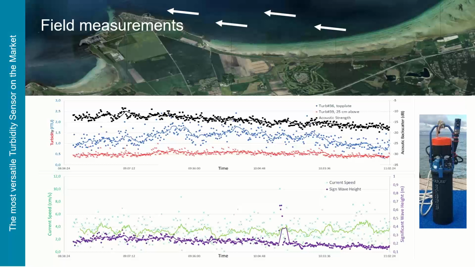Although it was very low levels of turbidity during that day, it was quite a calm sea, no waves, very low currents. As you can see on the lower graph here, where green is current speed, never above something like 10 centimeters per second, and waves very small. They are on the purple graph and should be read on the right-hand side.